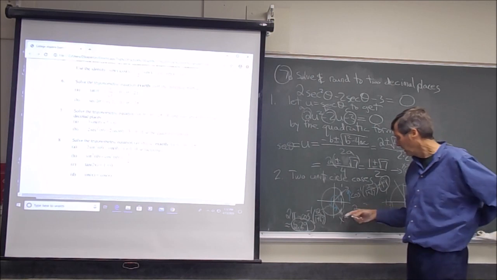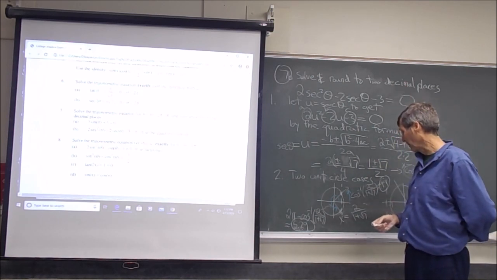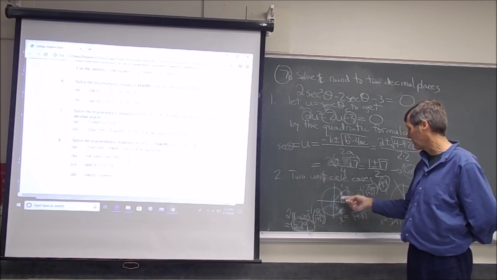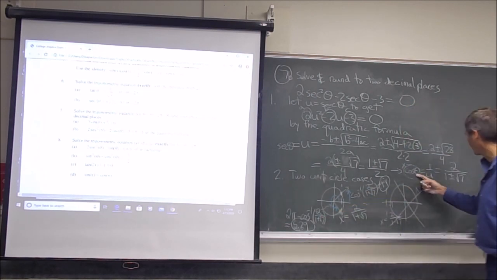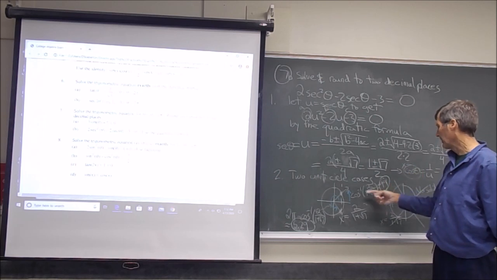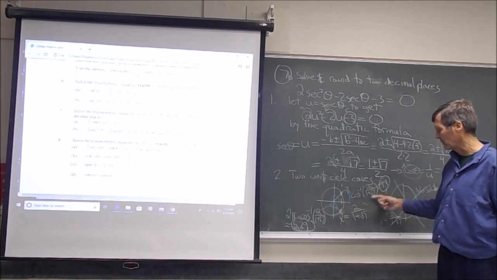Now here, we want to find to 2 decimal places the solution, because what we have here, if we calculate this, we know one of the solutions to cosine theta equals 2 over 1 plus square root 7 is the inverse cosine. So inverse cosine 2 over 1 plus square root 7. What angle is it?